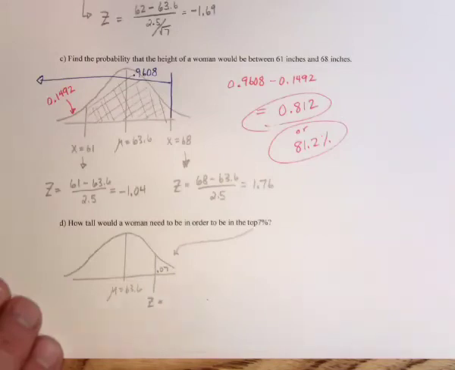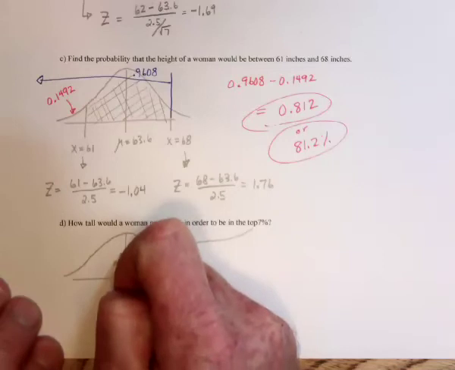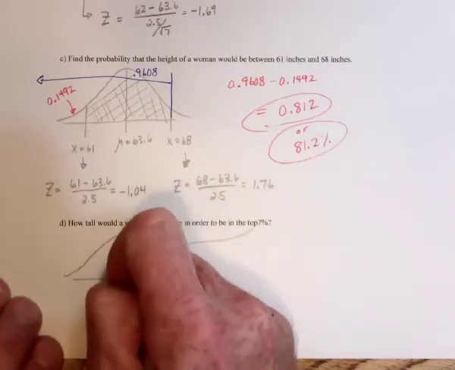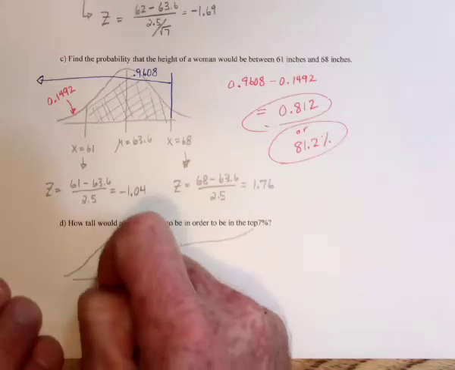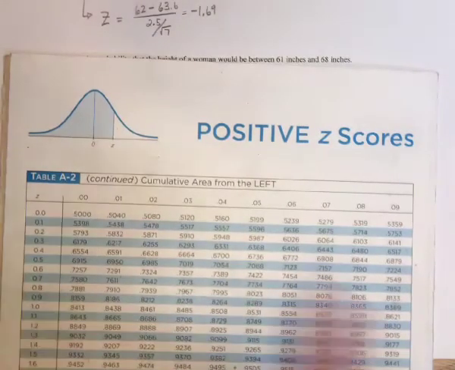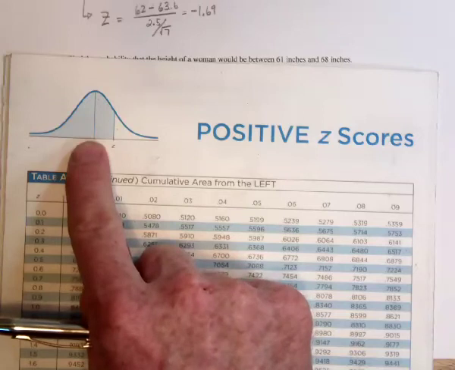Well, in order to find that, you say, if this is 7%, then this side is 93%. The reason I need that is because this z-score is on the right-hand side, so that means it's a positive z-score. With a positive z-score, I'm using this, so I need to know what's the shaded area on the left.